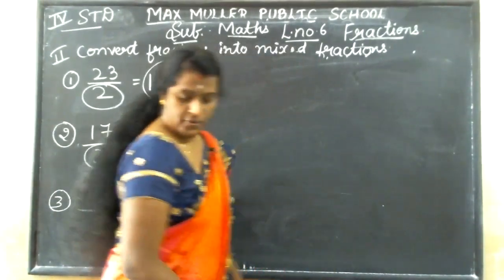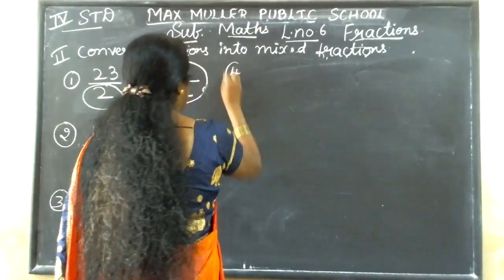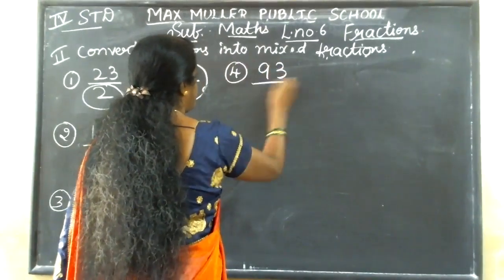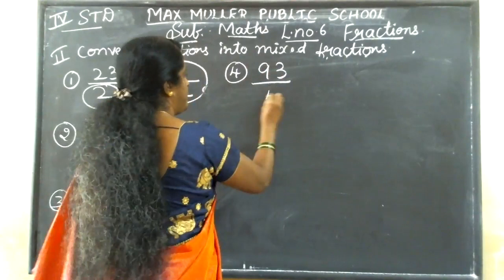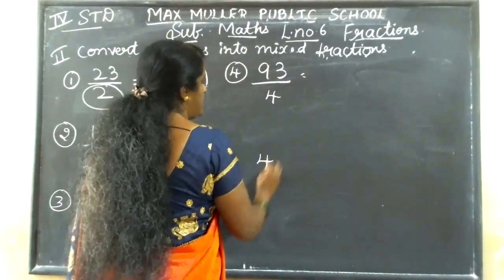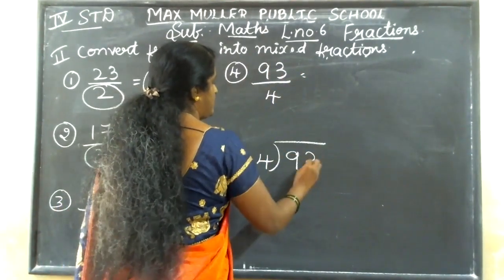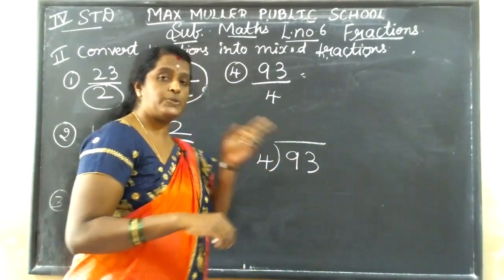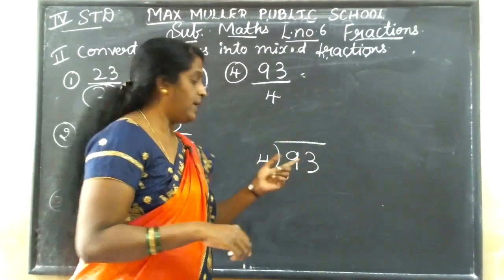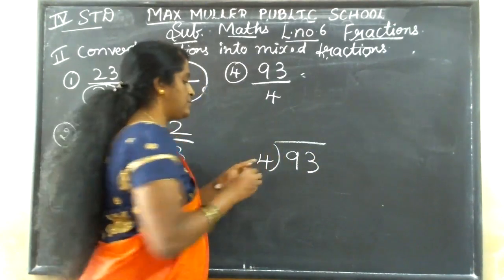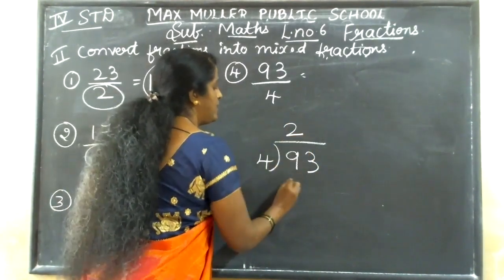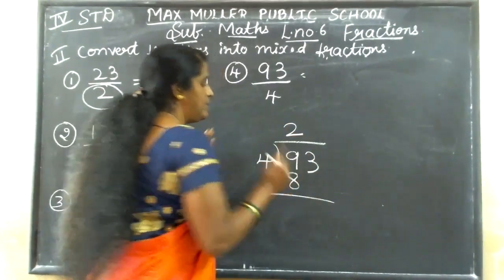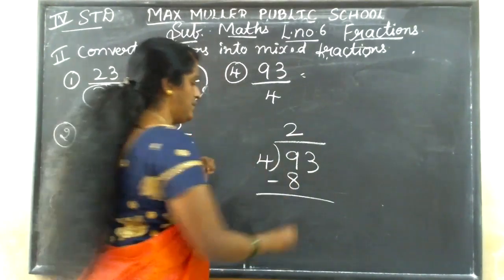Fourth one. 93 by 4. So 4 ones are, you should write 93. 4 ones are 4, 4 twos are 8, 4 threes are 12. Here 9 is there. So I'll write 4 twos are 8. 9 minus 8, 1.